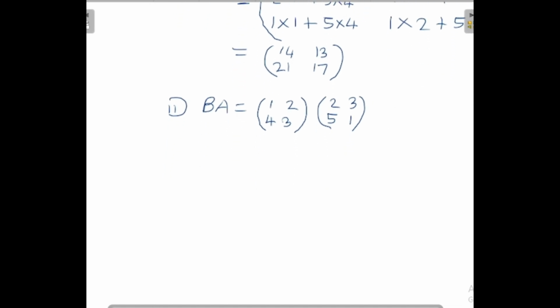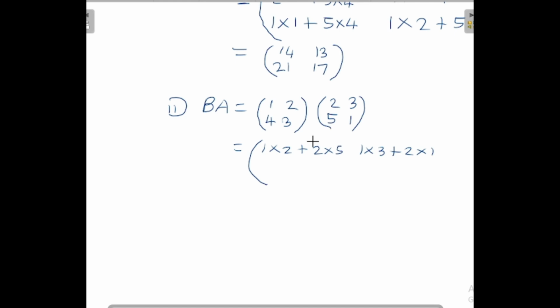So now let's multiply. So we say open our first bracket. Now, this row, multiply this column. So we say 1 times 2 plus 2 times 5. Then this row again, multiply this other column. 1 times 3 plus 2 times 1.